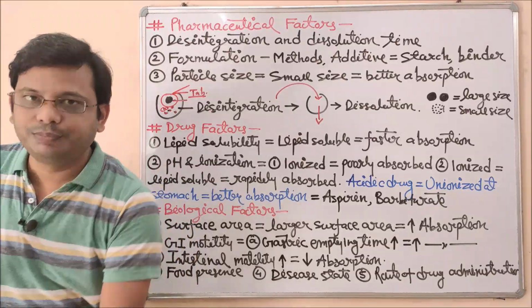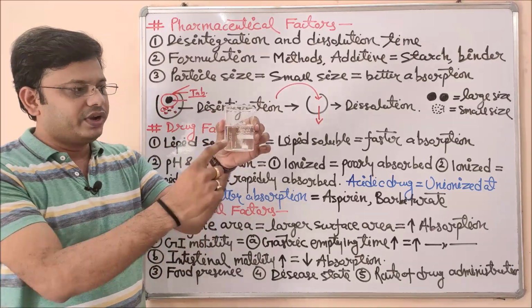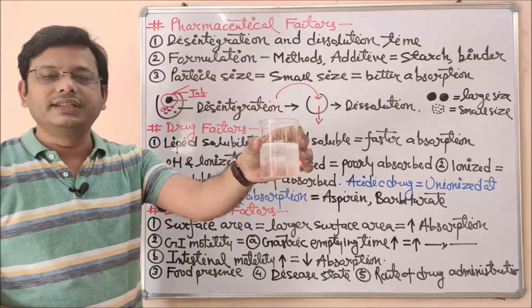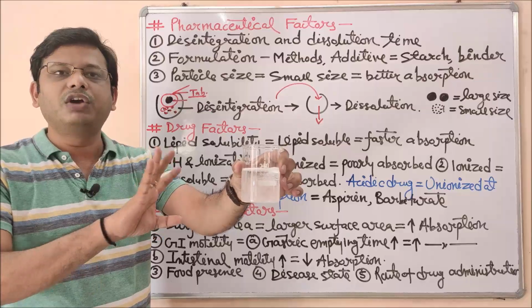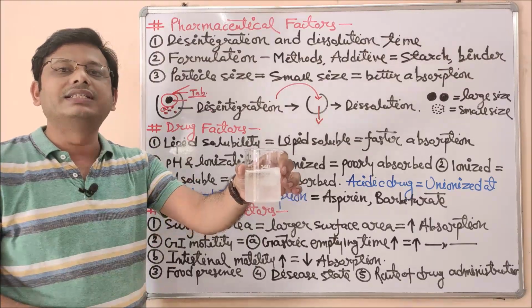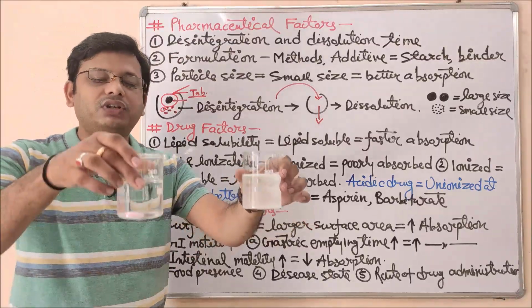Here is a Disprin and here is the water inside the beaker. I have just placed the Disprin. As you can see, the effervescent granules are releasing. Just after placing the tablet into the water, it starts disintegrating, and after some time it will completely dissolve and the solution of the Disprin and water is ready to be taken, and that will give a faster absorption rate as compared to the Digene.